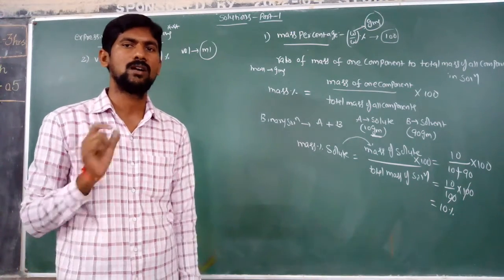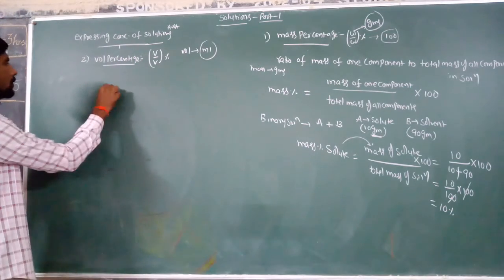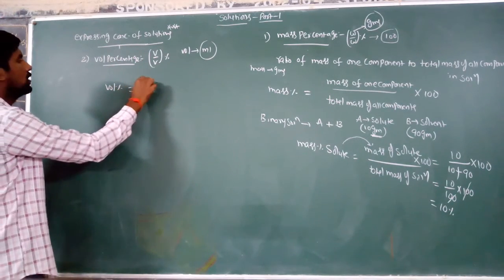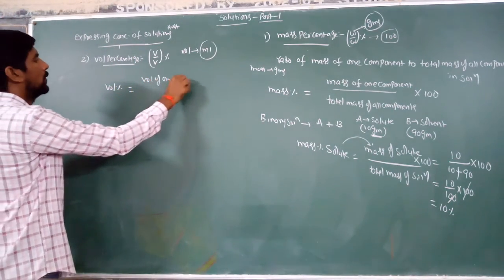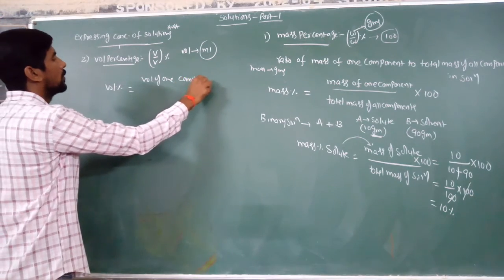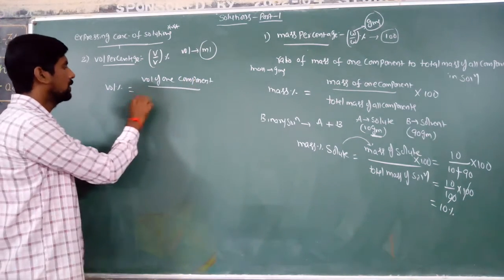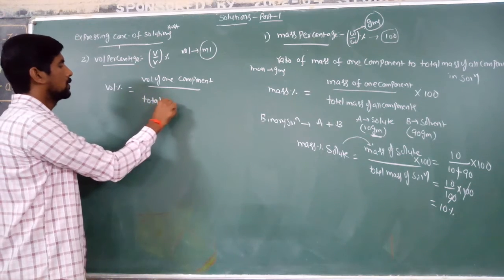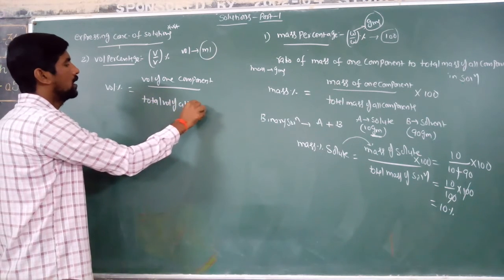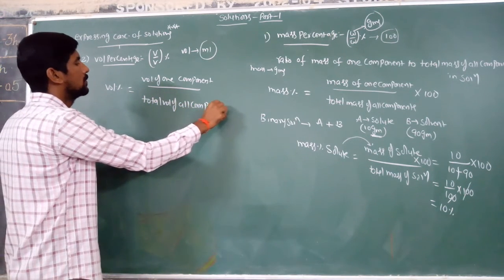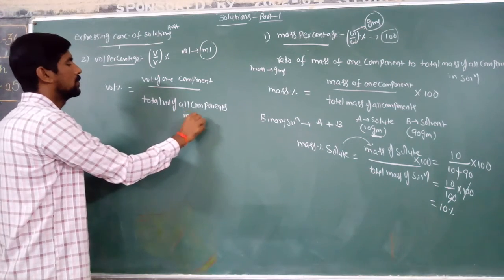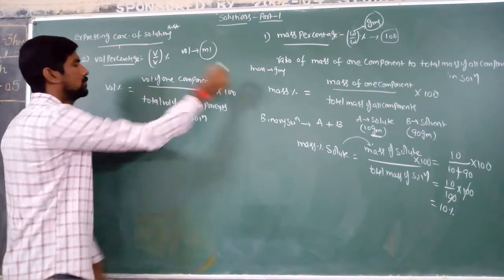So what is the volume percentage? It is the ratio of volume of one component by total volume of all components in solution, into 100.